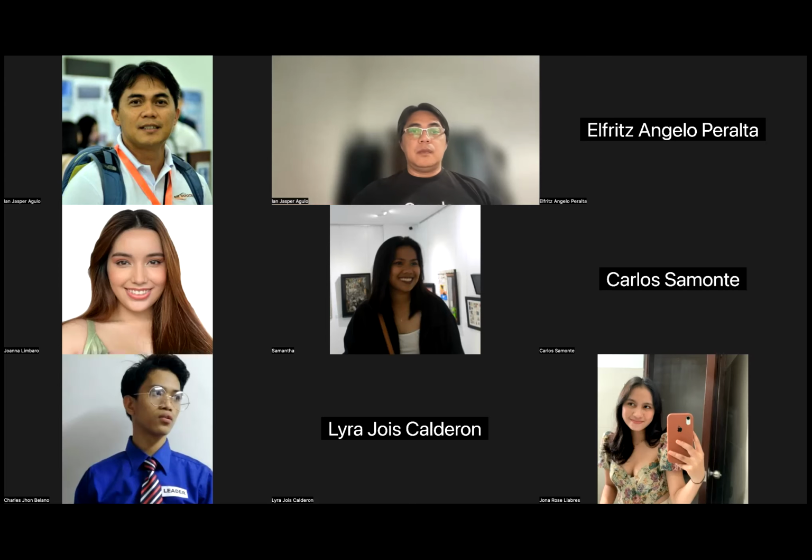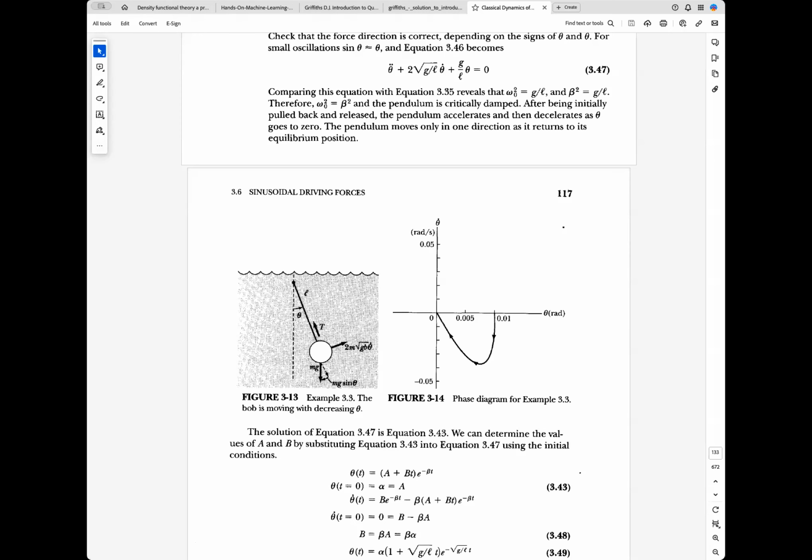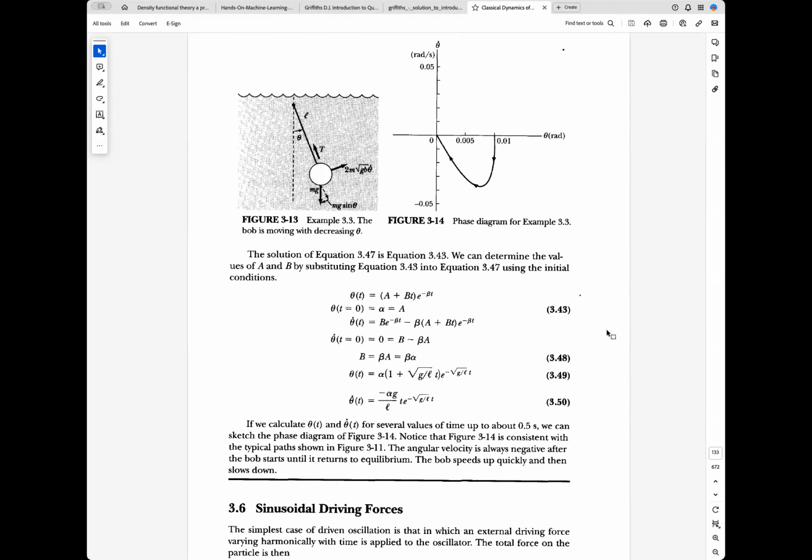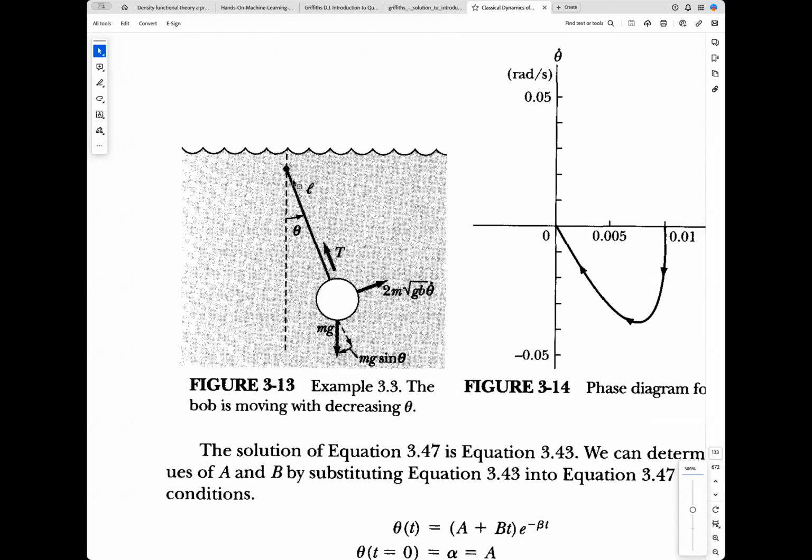Okay, so ito yung figure 3-13. Okay, so ito yung pendulum. Meron siyang length na L, tapos yung mass niya, or yung weight niya, is mg.